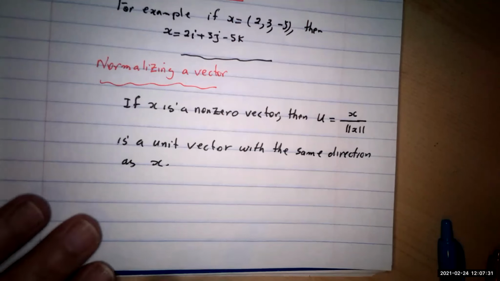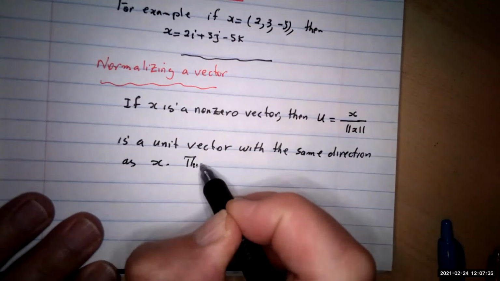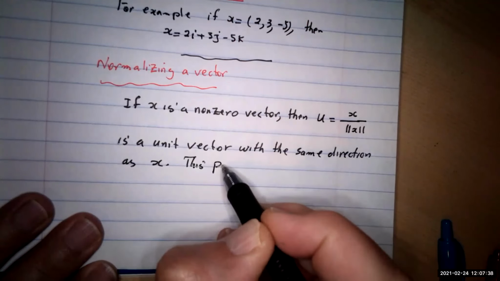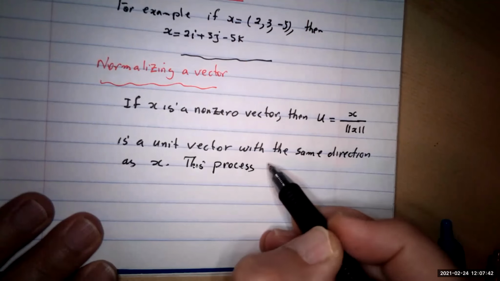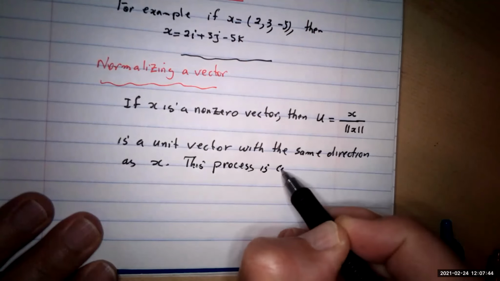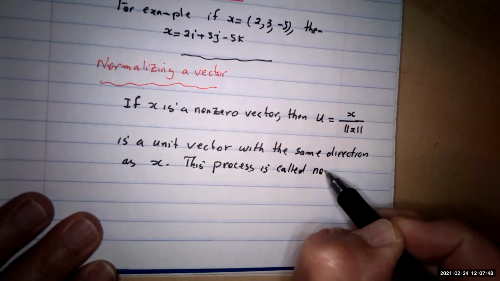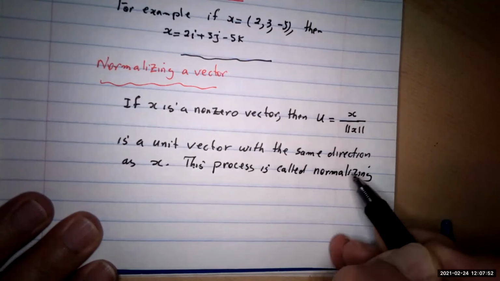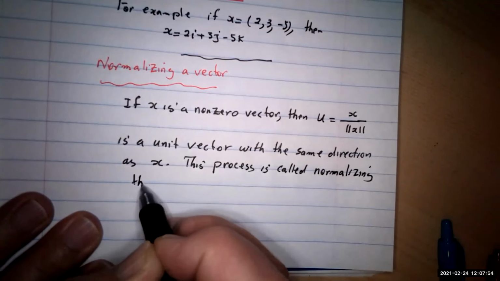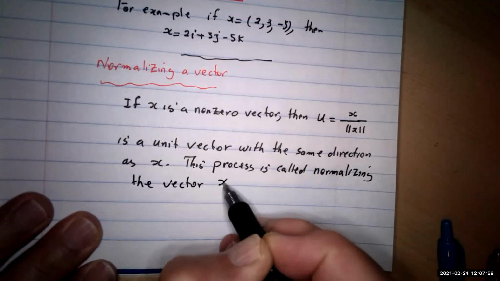This process is called normalizing the vector x.